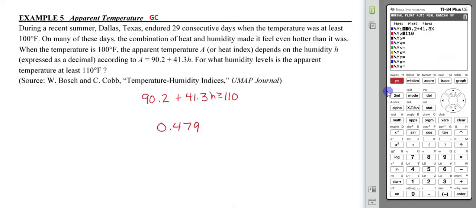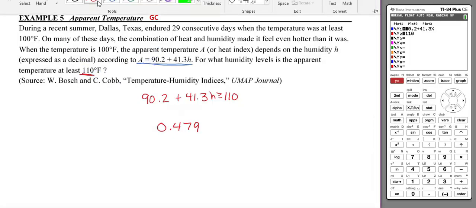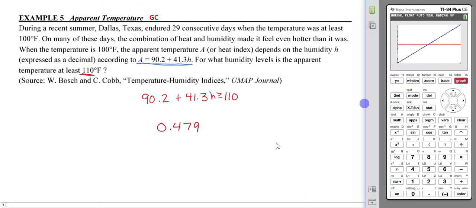Now, look back at your equations. This was the equation that we put in blue, and the 110 is graphing for us in red. So when we go back to our graph, we're wanting to know where the blue graph is above the red graph. That would be from here over.